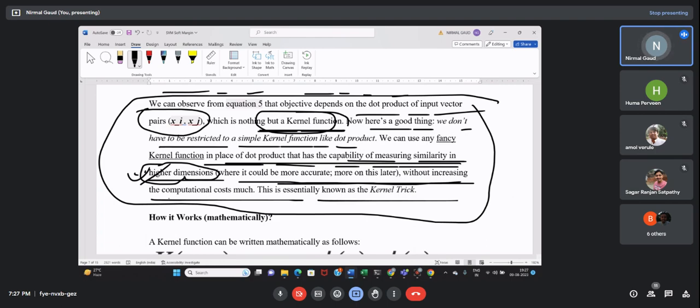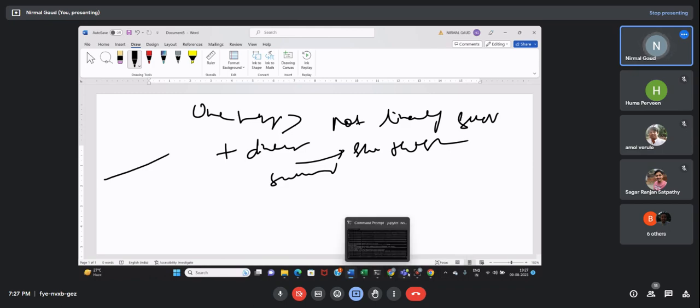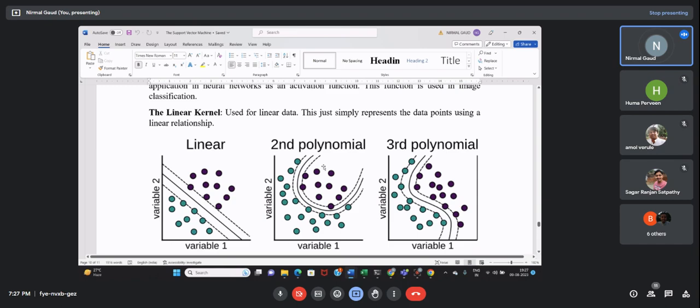Without increasing the computational cost. So what kind of computational cost am I talking about? They are saying that for the kind of data here, for example, this is the way your data points are present. If you try to perform the separation using a linear line, obviously this is going to create an issue.